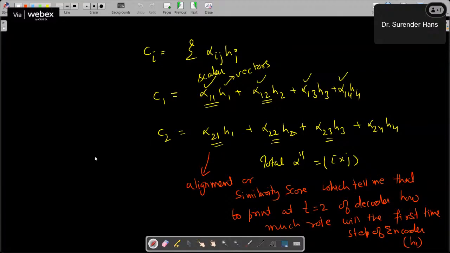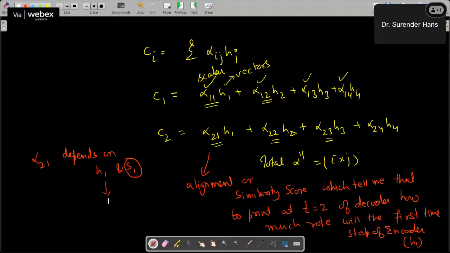So alpha 21 depends on H1 and S1. S1 is the previous hidden state of the decoder, and H1 is at t equal to 1 time step of the encoder.